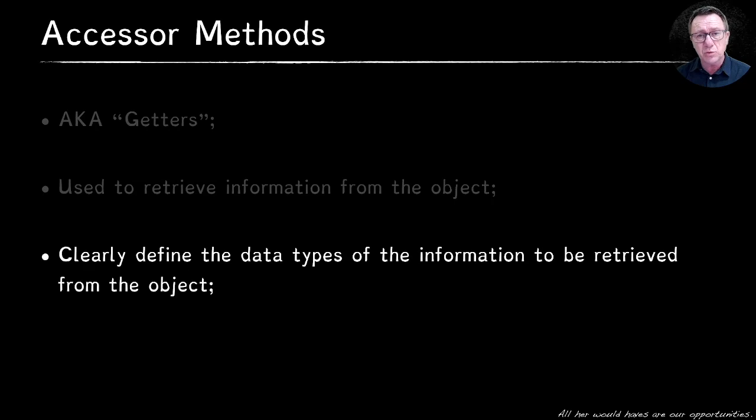Our class field has a defined data type. So our accessor will return that data type. Why? Because it's retrieving from that class field the value that's there and returning it to whatever has called that method.